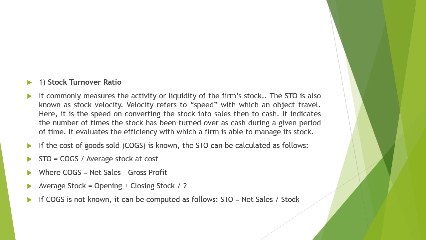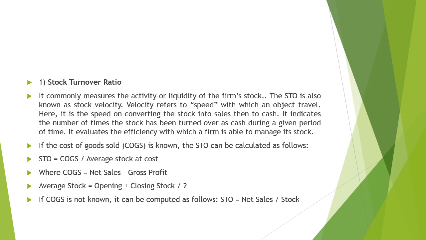Velocity means the speed with which an object travels. So here it is the speed of converting the stock into sales and then into cash. I have the finished goods, then I have to make the sales fast, and after sales I have to convert it into cash. This is the cycle.